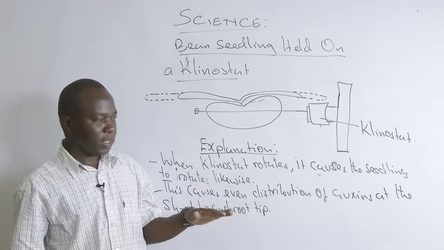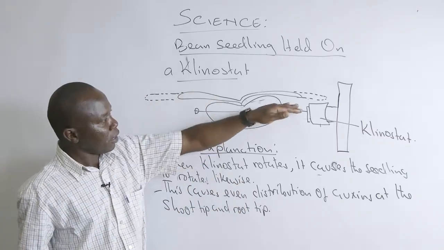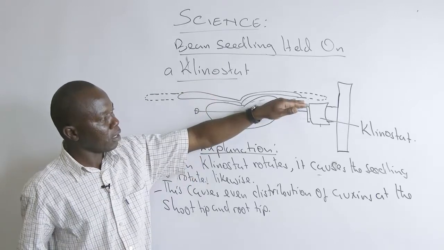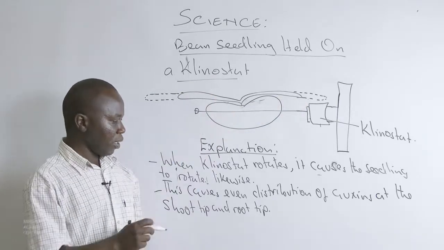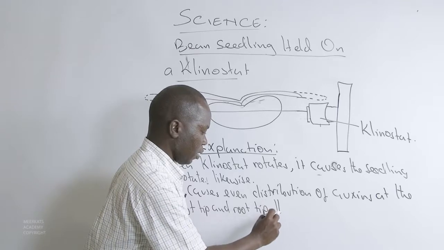So the effect of this is that the shoot and the root will grow in horizontal position.